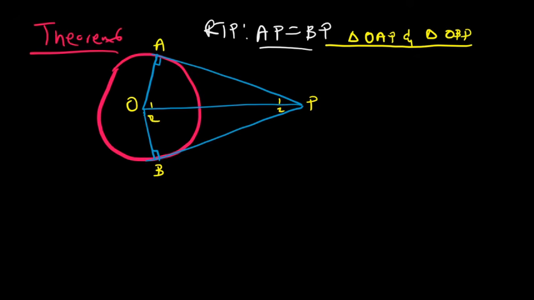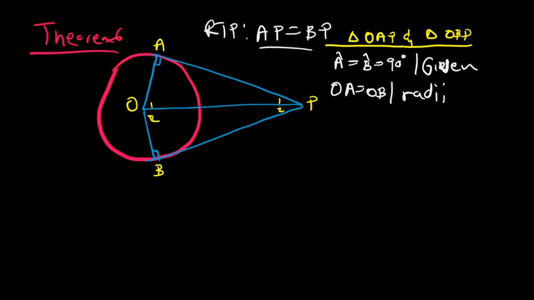The first thing we can see from these two triangles is that angle A is equal to angle B, equal to 90 degrees. Reason: given. And OA is equal to OB. Reason: radii. So this side here is equal to this side here because they are radii. And then OP is equal to OP, which is a common side.